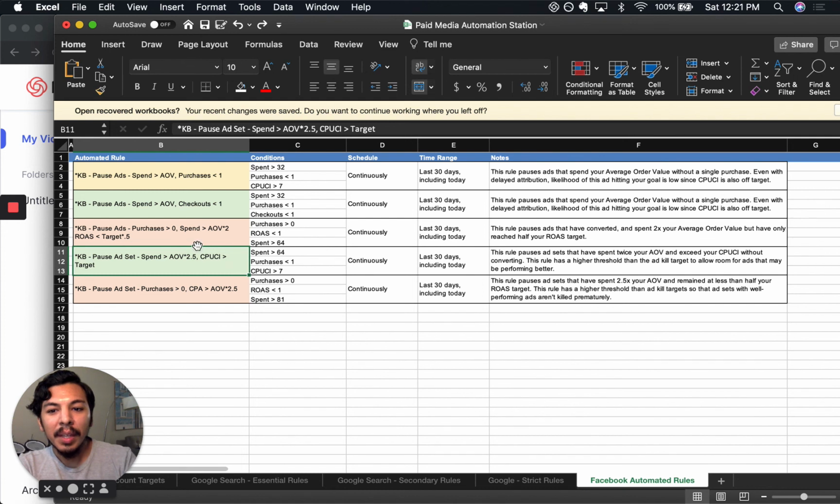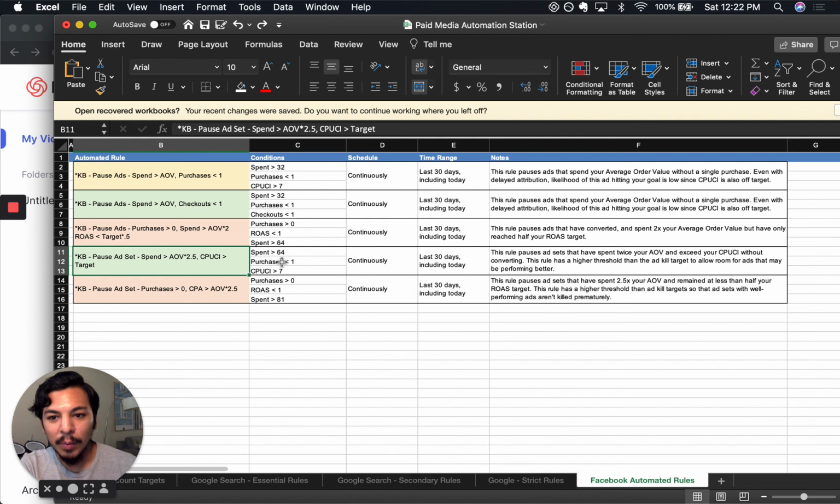And these last two look at ad sets. So this one is if your spend is more than 2.5x your average order value, actually just 2x your average order value, purchases are less than 1, and your unique checkouts are greater than your target cost. And I'll probably create another rule similar to this one, where we also account for your ad set having no checkouts whatsoever.